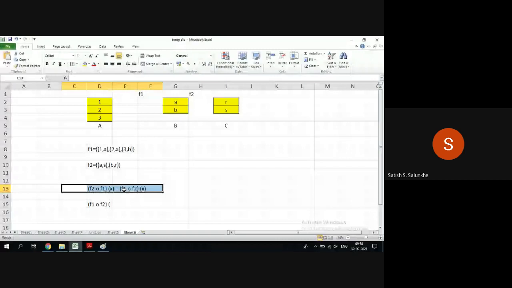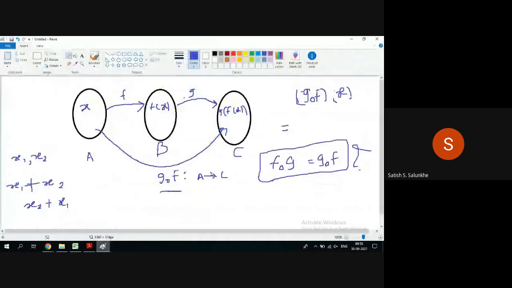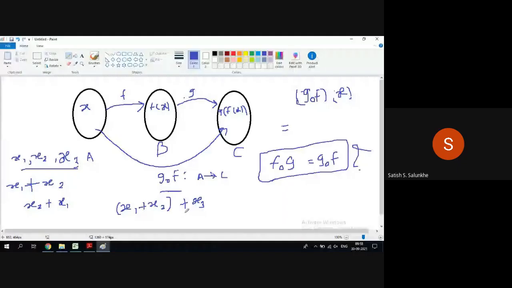So now we will check whether it is satisfying the associative law or not. Now what is associative law? As everyone knows, associative law means you have been given three elements, and you need to add these three elements. So whether you do x1, x2 first and then add with x3, since addition is a binary operator, it requires only two operands.